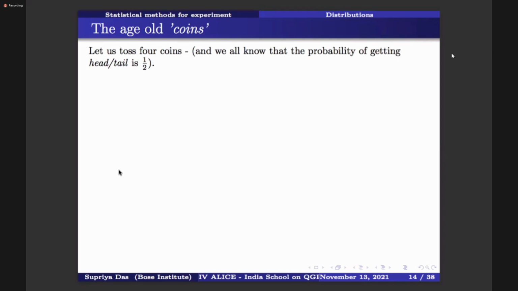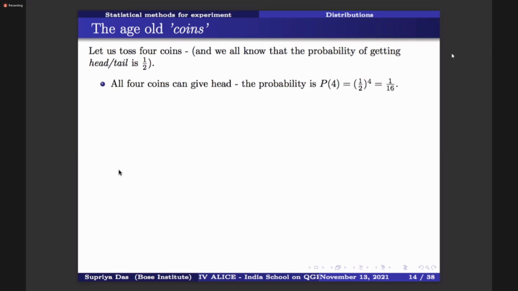But if you toss it 3 or 4 times, this probability does not come to be half. But if you do that for a sufficiently large number of times, you really go close to the number half. So for this discussion of the origin of distribution, let us take 4 coins and toss them, okay? And we all know that the probability of getting either head or tail is half.